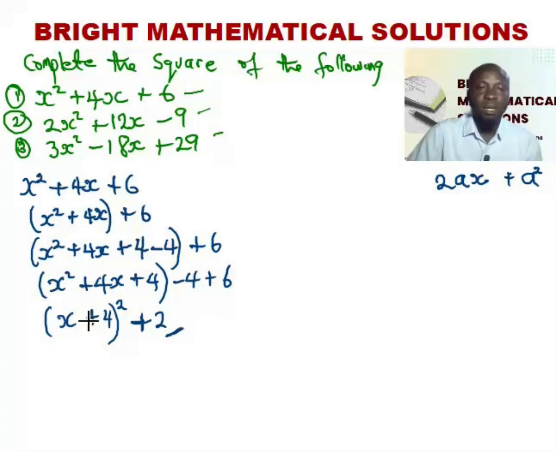The question is, why did I put this addition sign? We'll see when I solve the rest. It is the sign that is behind this x that we are going to put here. Let's look at the second one so that I can expatiate on that.